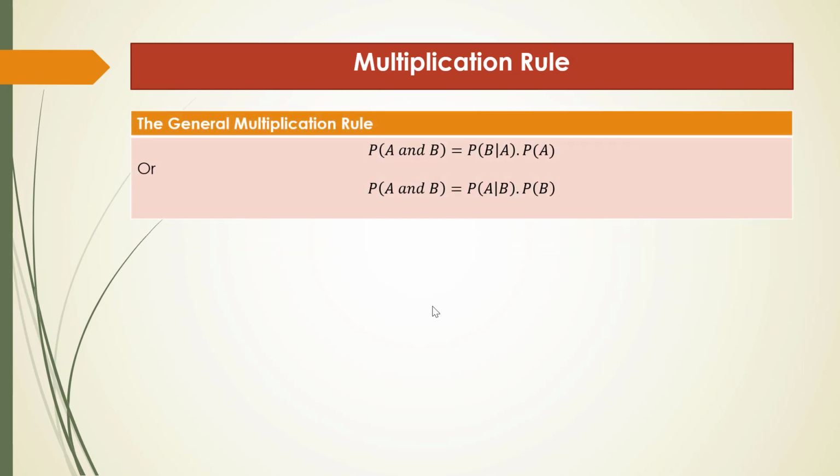Multiplication rule. From the conditional probability, we can derive the formulas to obtain the general multiplication rule.